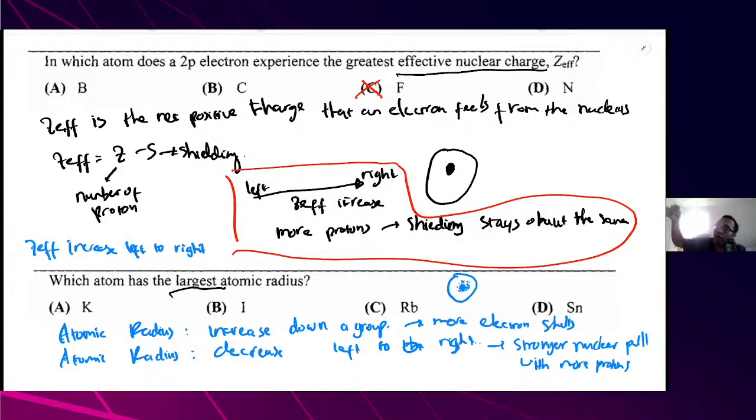And then if you are going down, top to bottom in a group, it will increase. Why?